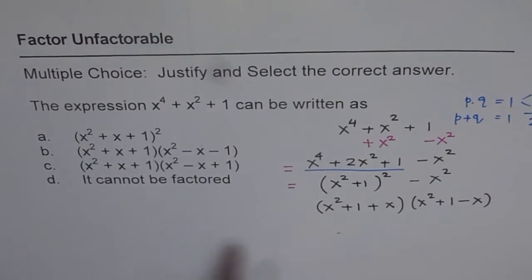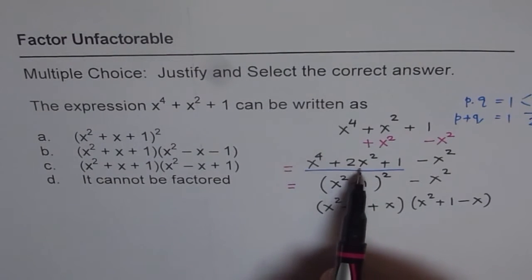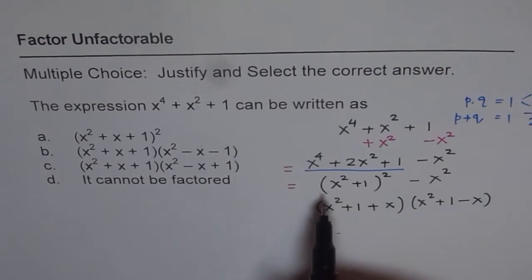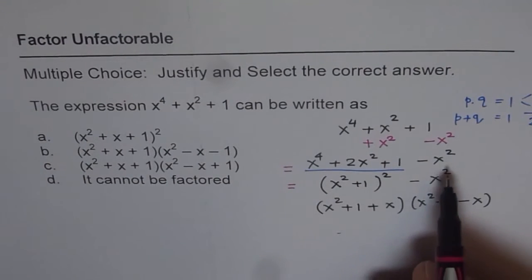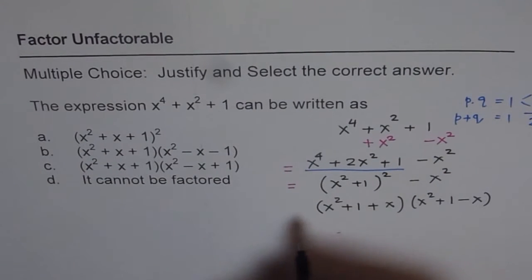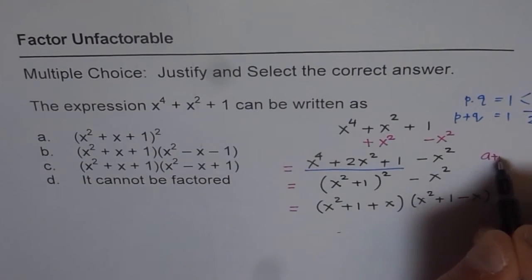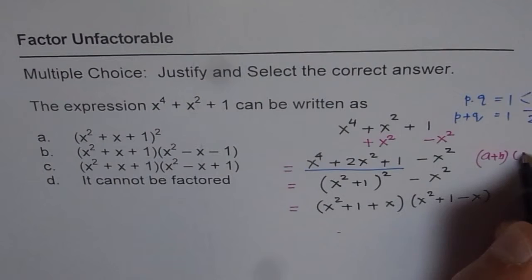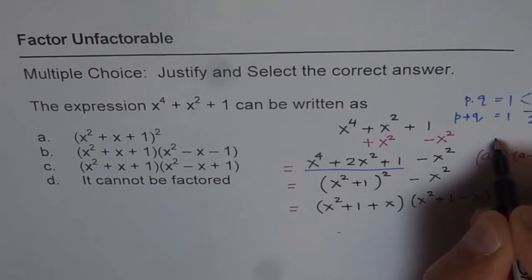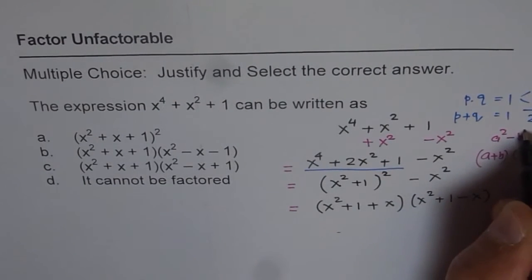Do you see that? Now x to the power 4 plus 2x squared plus 1 is a perfect square, x squared plus 1 whole square, and we have minus x squared on the other side. Now these two terms are like a plus b times a minus b, which equals a squared minus b squared.